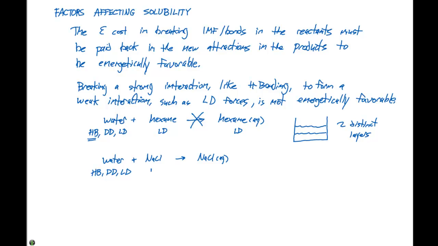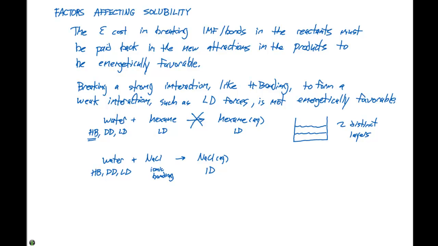In an NaCl solution, we have ionic bonding. When we form this solution, we get an ion-dipole interaction. Typically when a salt dissolves in water, the ions are surrounded by many water molecules, somewhere along the lines of around 10 to 30, depending on the size of the ions.